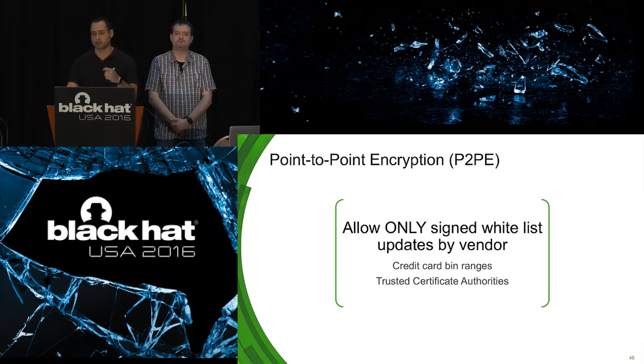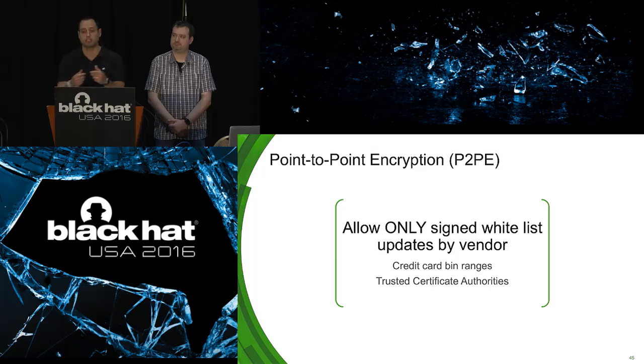One of the things that we didn't manage to discuss in this talk is the whitelist that the pinpads manage. You actually can have exceptions of what is going to be encrypted and what is not going to be encrypted. Think about it this way, like loyalty numbers. It's not a credit card number. It's sensitive, but it's not regulated. So in that case, you may just say, okay, I have a bin range that will be excluded.